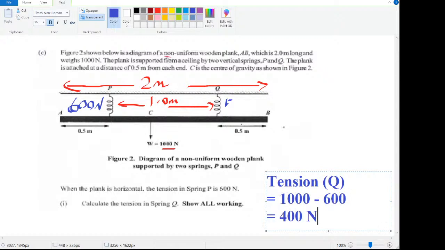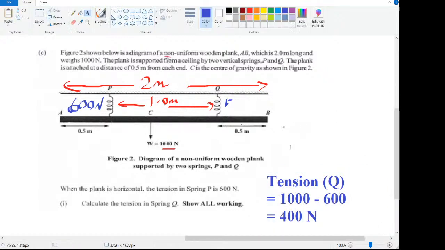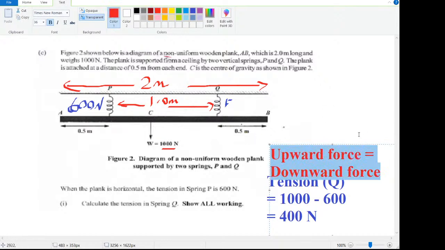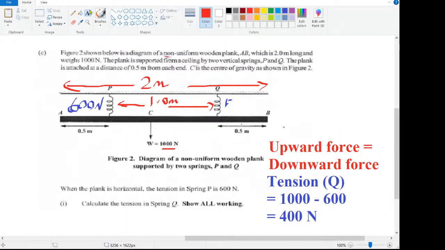That's 400. And I guess they could put something like upward force equals downward force. But it's always good, if you know it, put it. Alright, so this is 400 newtons.